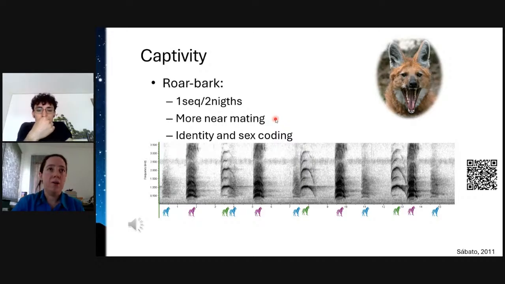And one very nice finding was that one of the information it conveys is identity and sex. And I'll play you an example, and I want you to try to notice the difference between the different individuals in the recording.